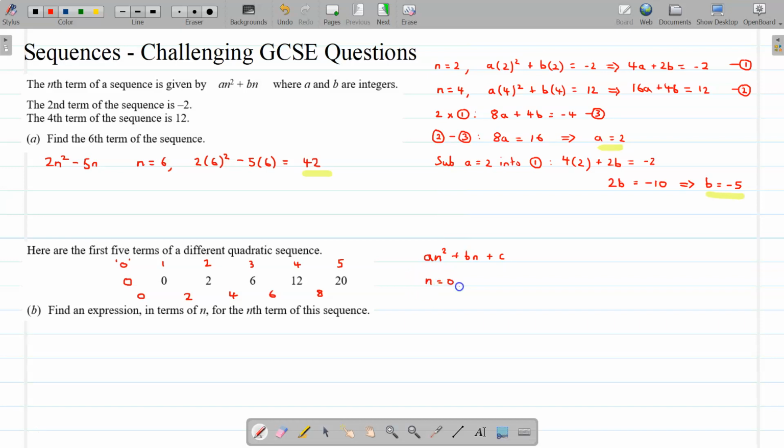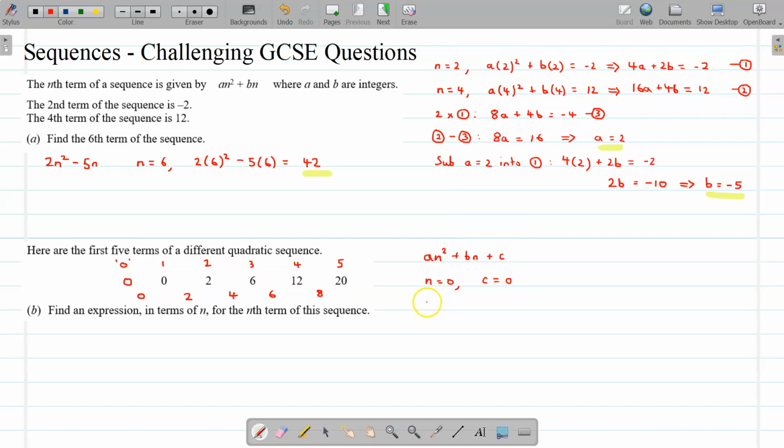When n is 0, we have 0a plus 0b plus c equals 0, because the 0th term is also 0. So basically we know that c is 0, so that's easy.